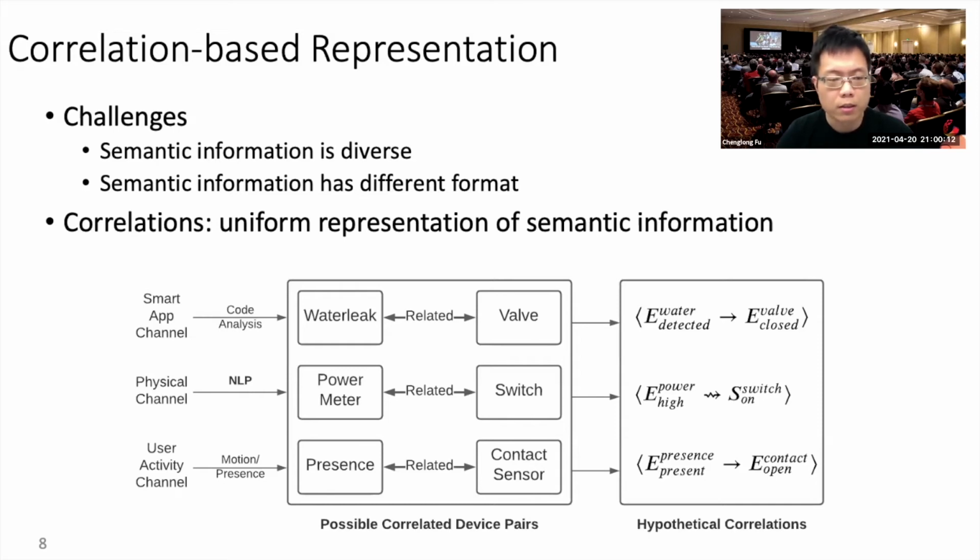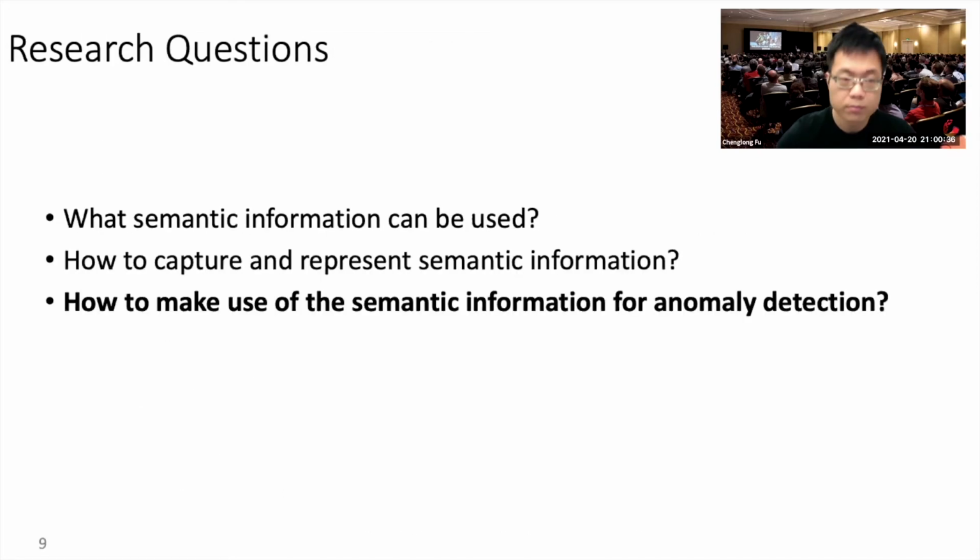And finally, for the user activity channel, we use the motion and presence sensors' state events to indicate users' activities. For each of these pairs, we generate a set of hypothetical correlations by enumerating the values of the involved devices.